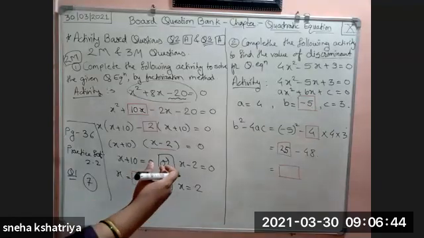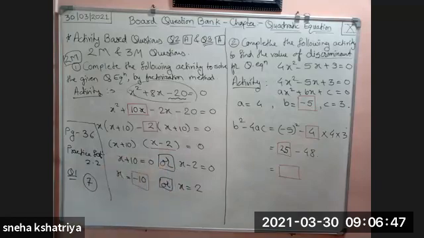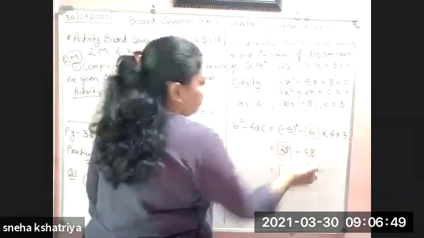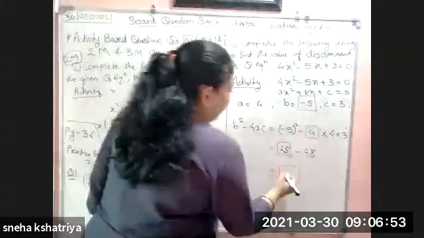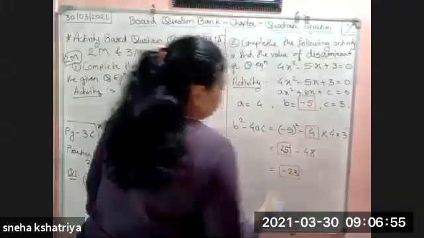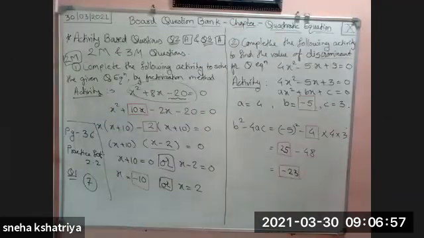So 25 minus 48. How much will it become? The value will become minus 20. So b square minus 4ac is equal to minus 20.